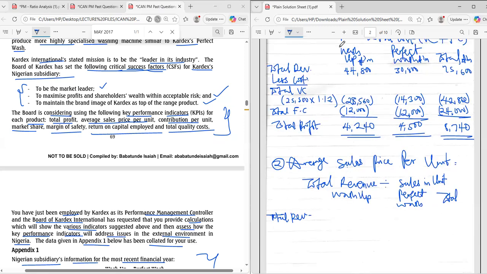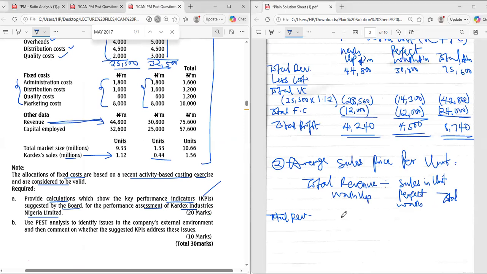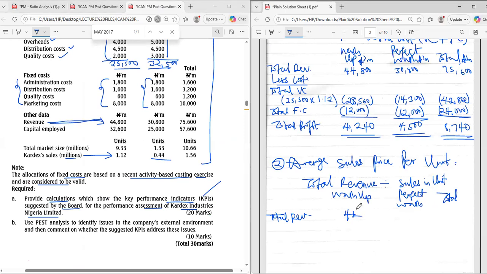Now 44,800, then 30,800, and the total is 75,600.